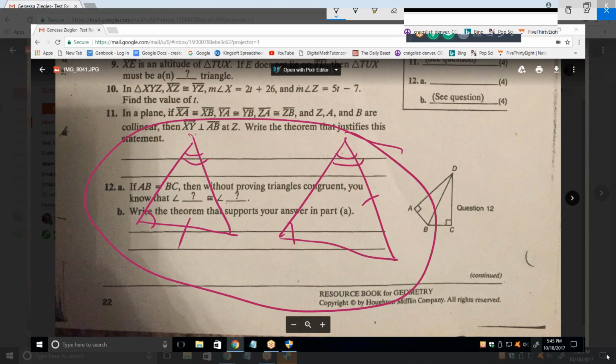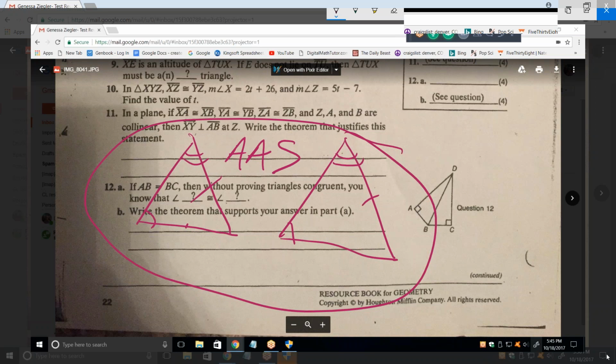You have to have angle, angle, side, where the side is opposite the same angle. In other words, for this to be congruent, this would have to be true. Now we have angle, angle, side. But just having three angles and one side equal doesn't make congruency. You have to have basically two angles and the side opposite one of the angles be the same.